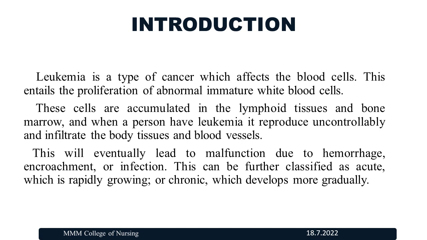When a person is diagnosed with leukemia, the cells multiply uncontrollably and infiltrate the body tissues and blood vessels. This will eventually lead to malfunction due to hemorrhage, enlargement and infection. This can be further classified as acute, which is rapidly growing, or chronic, which develops more gradually.